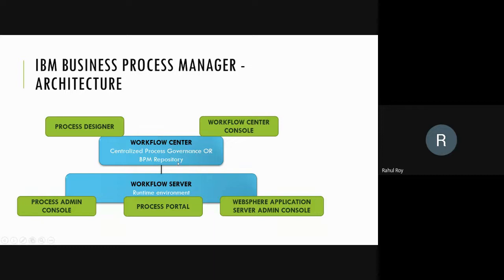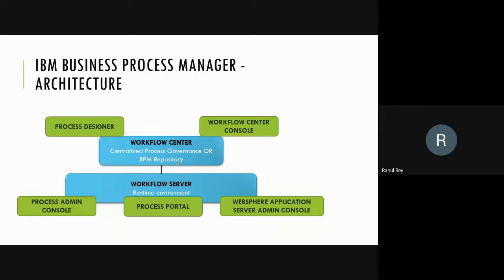A Workflow Center consists of several process applications and toolkits. What exactly is a process application and toolkit? Let me explain. A process application is a container inside which we create our artifacts like processes, services, UI components, variables, and business objects.